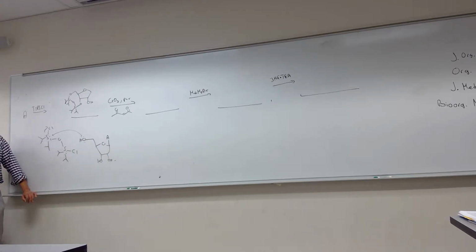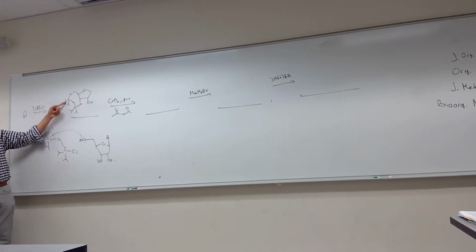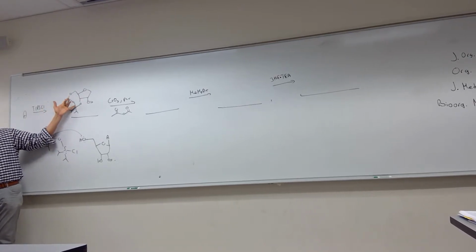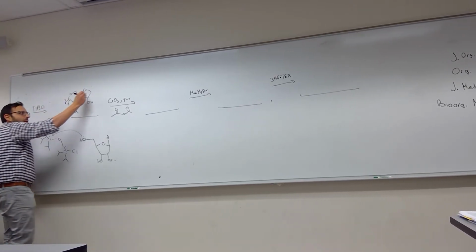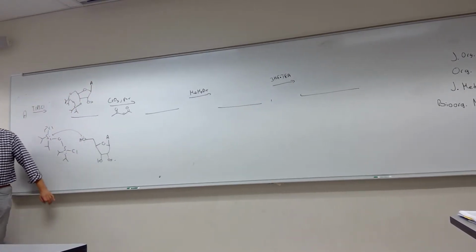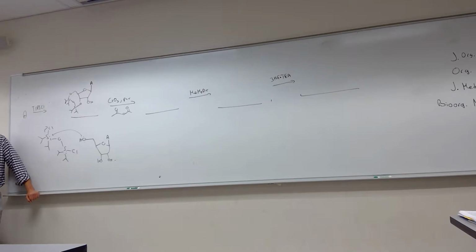Does that make sense? So you block the 5' and 3' positions with the isopropyl group, so that you can do chemistry at what position? The 2' position. So what type of chemistry do you do at the 2' position?